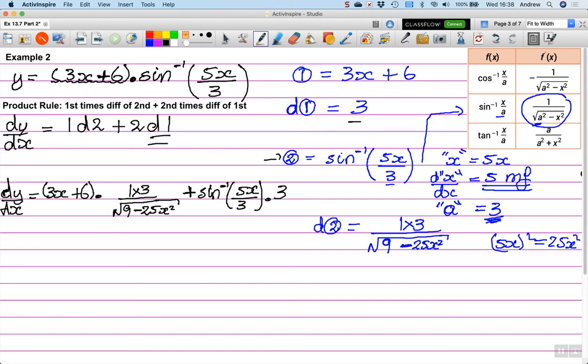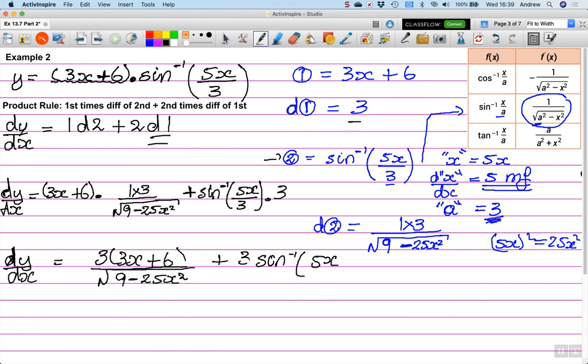And then you do your tidy up line. So dy dx is equal to, well, 3 times 1 is 3, and then times it onto the bracket, so it's 3 on 3x plus 6 all over the square root of 9 minus 25x squared plus, bring the 3 to the front, sine inverse of 5x over 3.